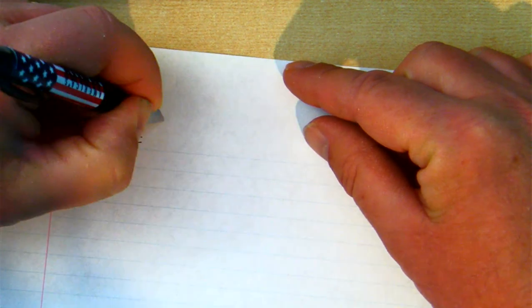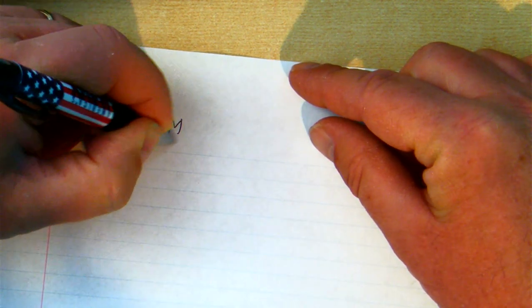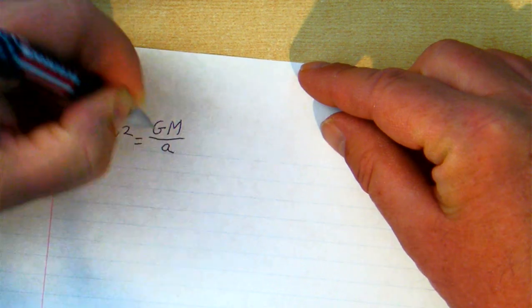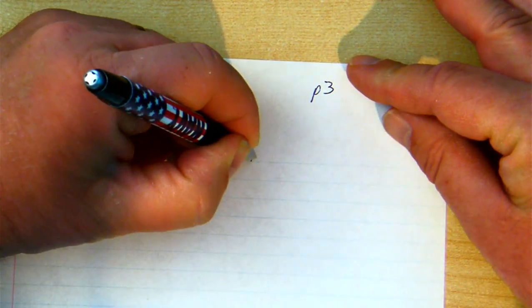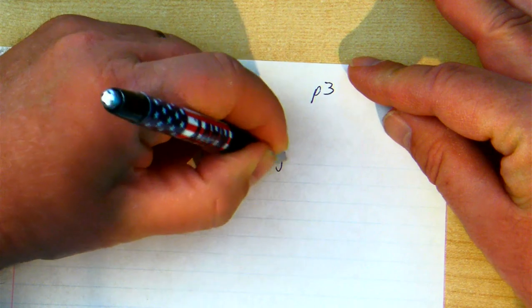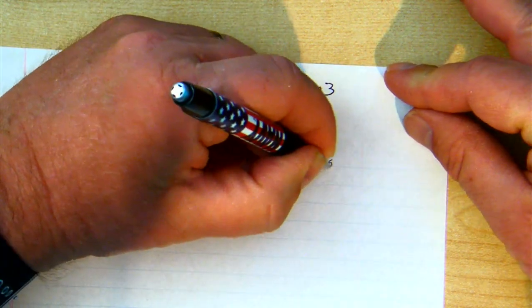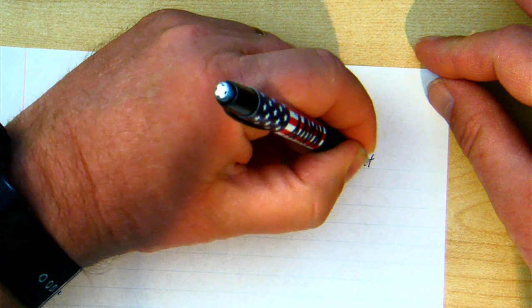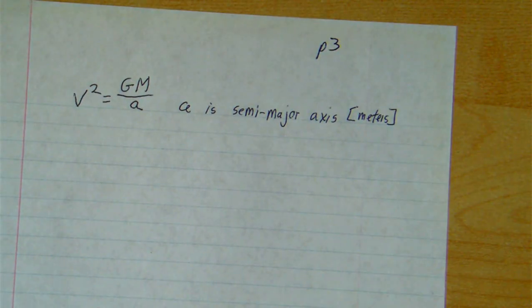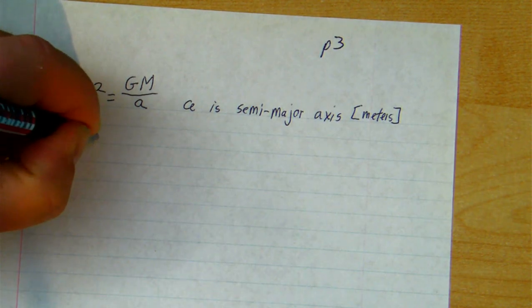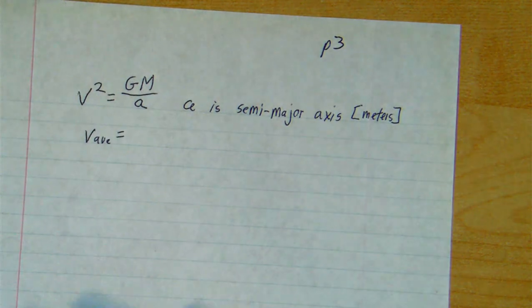We can calculate v squared equals G times M divided by a, where a is the semi-major axis. But of course, every time we do our calculations, we have to put it in units of meters. So calculate, please, what is the average orbital velocity of this elliptical orbit?